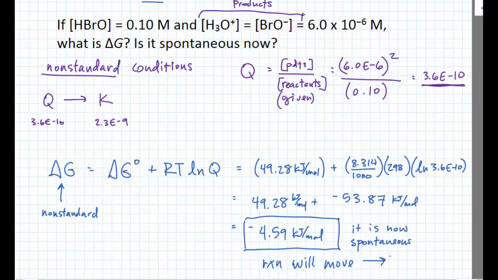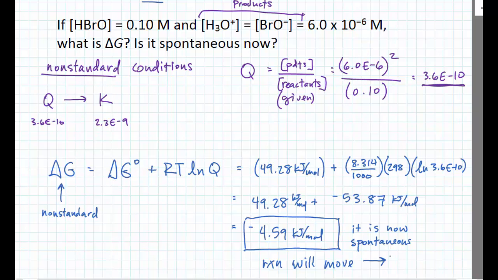Starting under standard conditions where everything was 1, the reaction moved to the left. But because standard conditions can be calculated in other ways, like from tables and stuff like that, we can use standard conditions to compare with what our actual conditions are at any particular point.